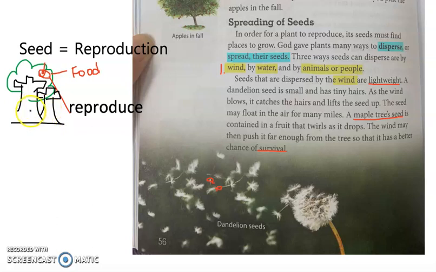However, these two trees have to share, so they will not get as tall as a single tree. So that's why the seeds have to travel and find the right place so that it's spacious enough, and no need to compete with other living things.